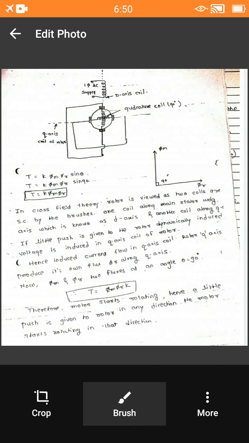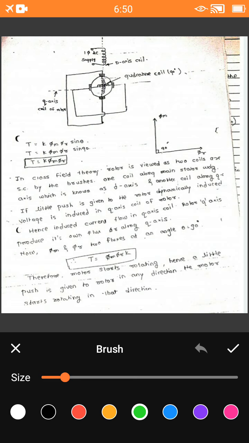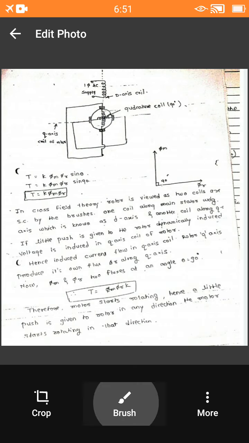If a little push is given to the rotor, because single phase induction motors are not self starting, a dynamically induced EMF is induced across the quadrature axis coil. Hence rotor current flows in the Q axis coil, and the rotor Q axis produces its own flux, called phi r along the Q axis.